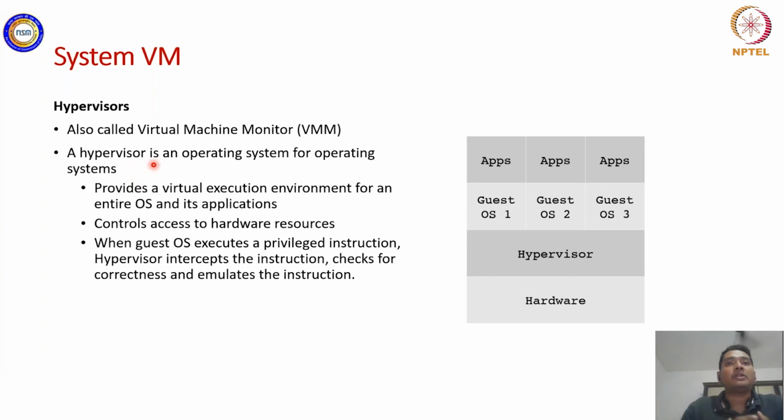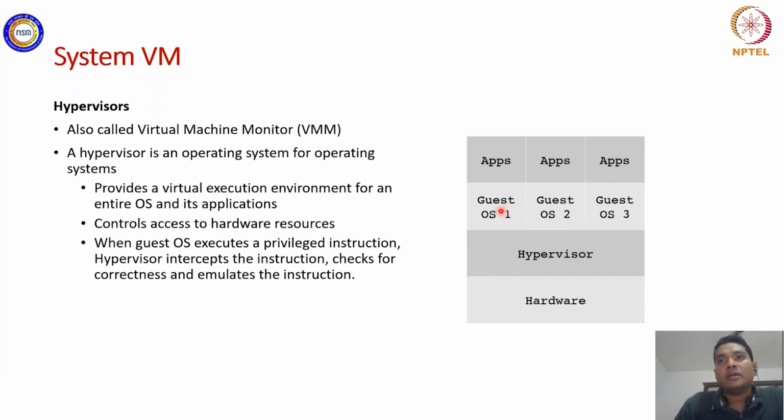Now, what is a hypervisor? A hypervisor is an operating system for operating systems. You have this hardware, and when you boot the entire system, the first thing that gets booted up is this hypervisor. Then you have multiple OSs which will share the underlying hardware through this hypervisor.